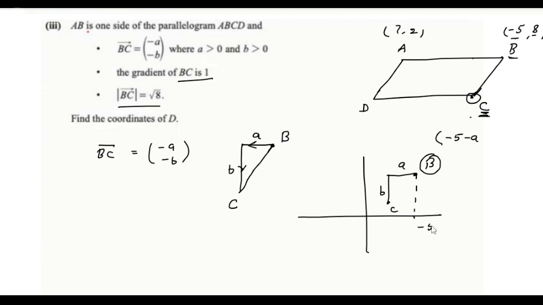It's -5. So what do you think will be the x coordinate of C? It is on the left of this -5, and it is given in the problem. On my coordinate system, it will be on the left side.